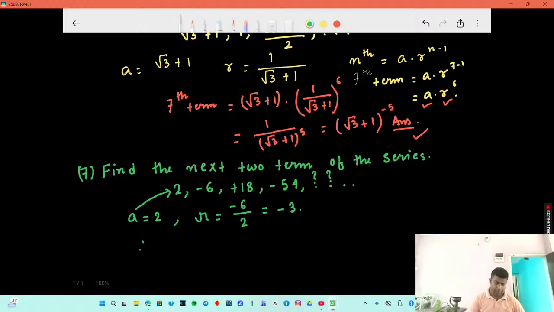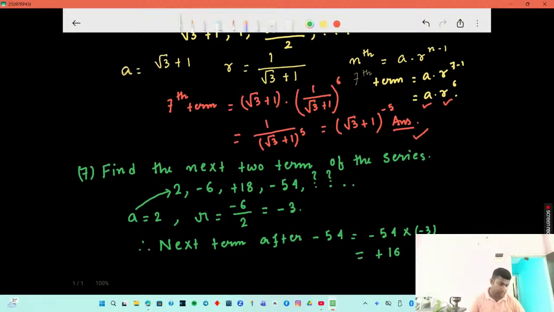The next term after minus 54 is equal to minus 54 into minus 3, which is plus 162.